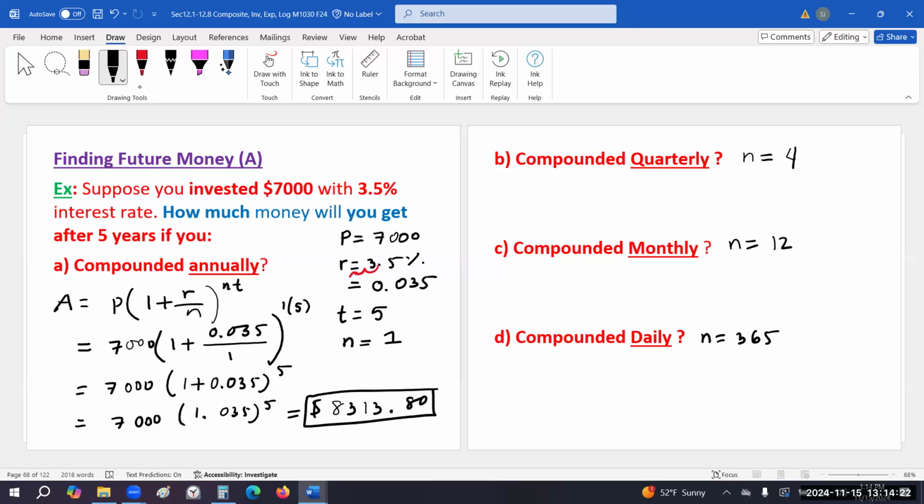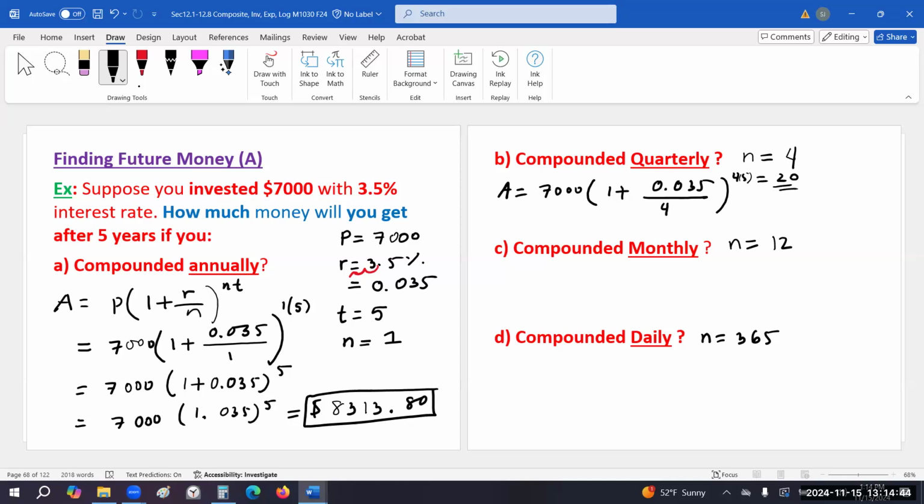Let me write down the first one for you. We have final amount is 7,000 times 1 plus 0.035 over 4, since we are doing it 4 times, and we have 4 times 5, which is 20.